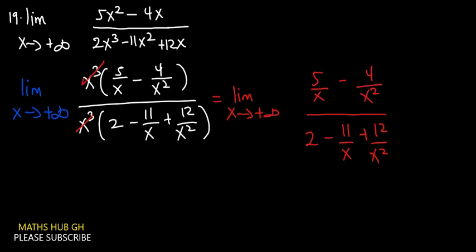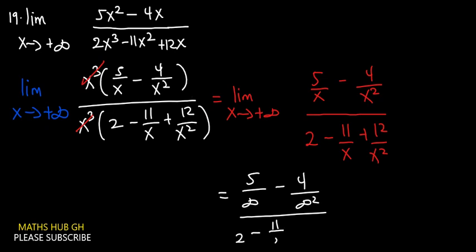So let's do the direct substitution now. If you do this, you're going to have 5 over infinity minus 4 over infinity squared divided by 2 minus 11 over infinity plus 12 over infinity squared.